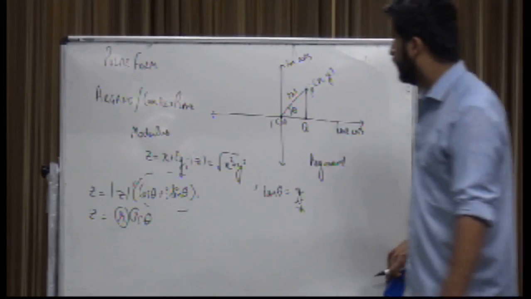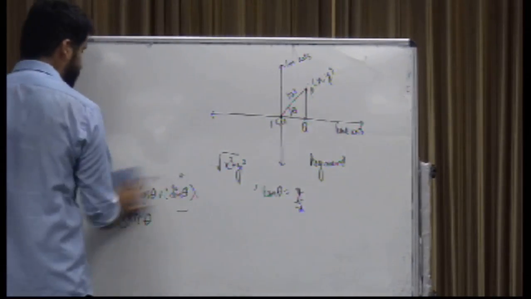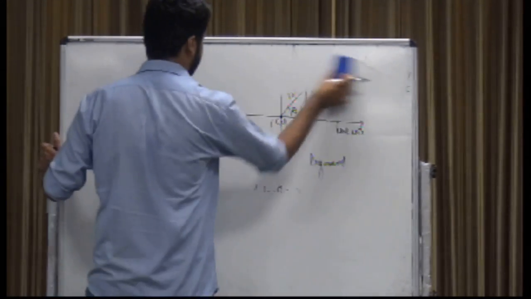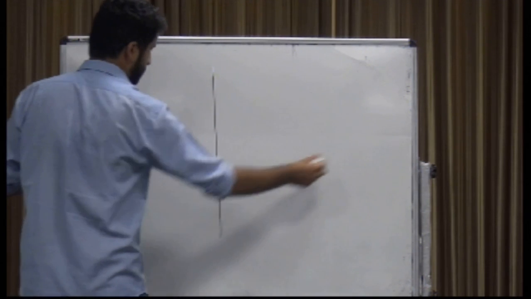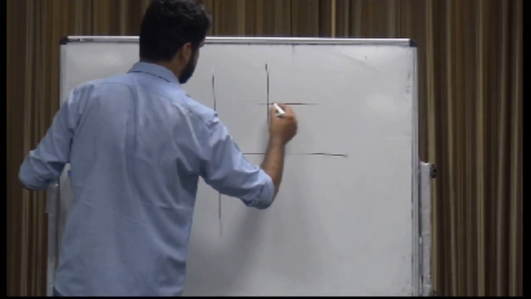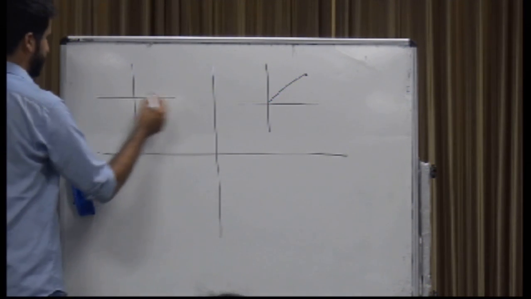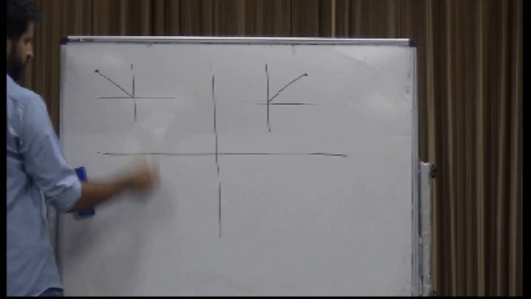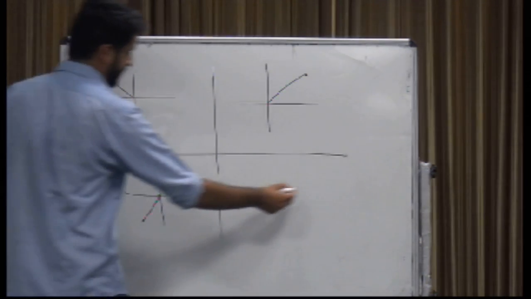Note down. So then the next thing is, I can have complex numbers in all the four quadrants, right? Let's suppose the complex number is in the first quadrant, like this. In the second case, it is over here, the third quadrant, and this is the fourth quadrant.